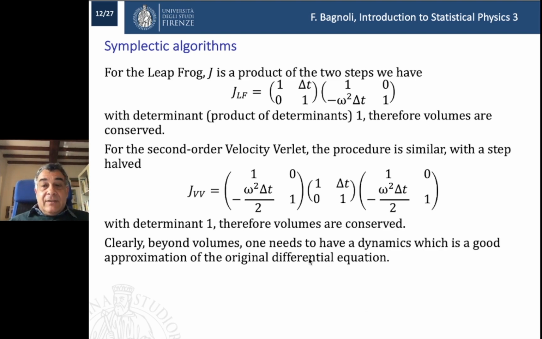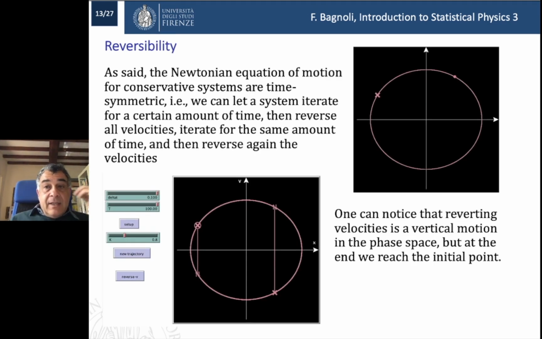I need an algorithm that is a good approximation of the original differential equation, but this is a needed condition for conservative systems. Now, we can have a look at reversibility.